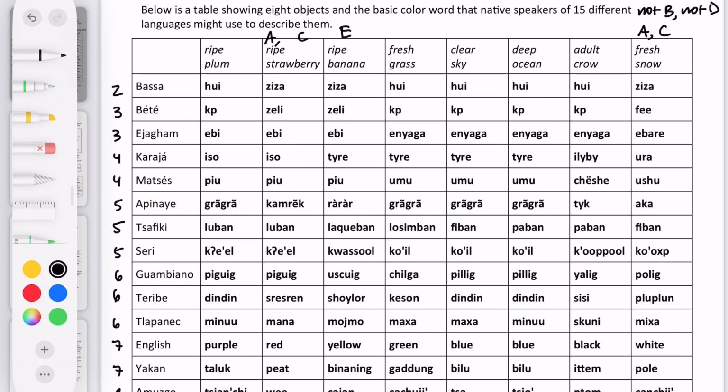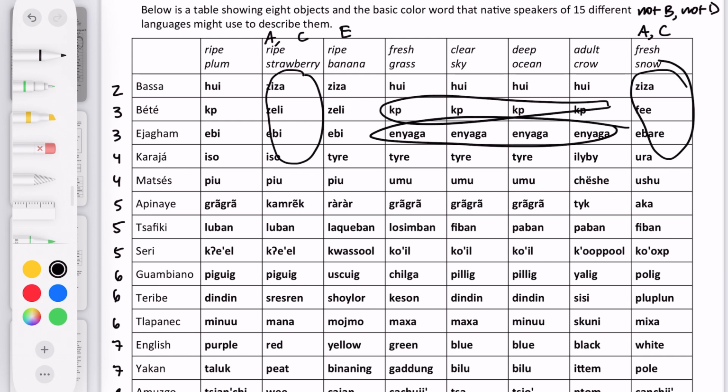And then from there, for each of the languages with 3 words, we have our A and C possibilities. We have our A and C possibilities for Zeli, for Phi. The only word that's left is KP and Yaga, kind of these words that are in the middle. So the only columns with words that are completely distinct from our A or C columns is going to be this KP and Yaga, 4 columns in the middle.